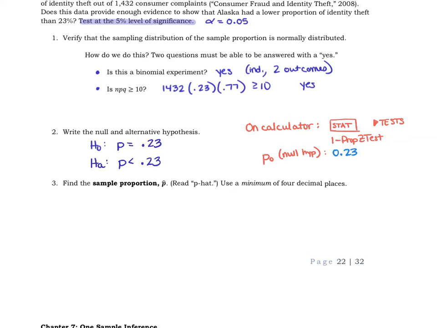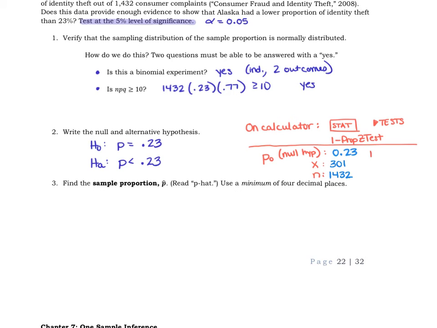Then it asks you for an X value, and it asks you for an N. The X is the number of people in the sample that had that certain characteristic. So for us, that X value is going to be the 301 people in our sample that had identity theft, and N is going to be the total number of people in our sample, so 1432. So you enter those numbers.